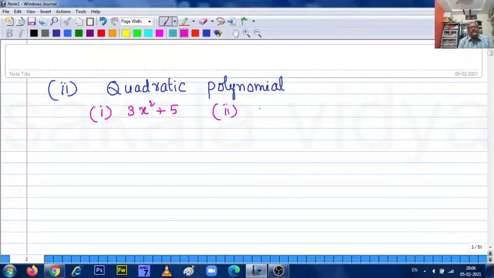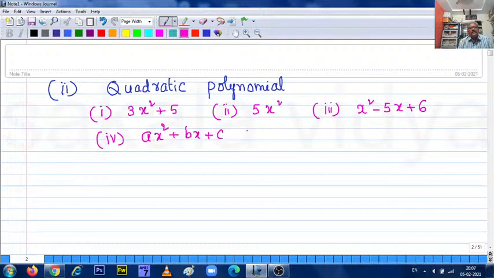Second example, you can write 5x square. Third example, x square minus 5x plus 6. The general form of the quadratic polynomial is like this. Degree is 2. Ax square plus bx plus c, where a does not equal 0. So these are the examples for the quadratic polynomial.